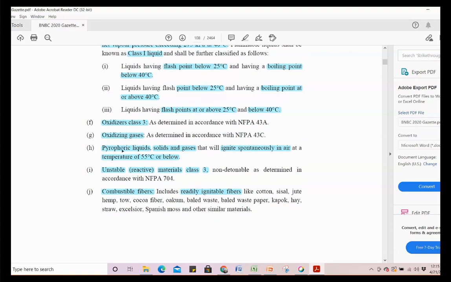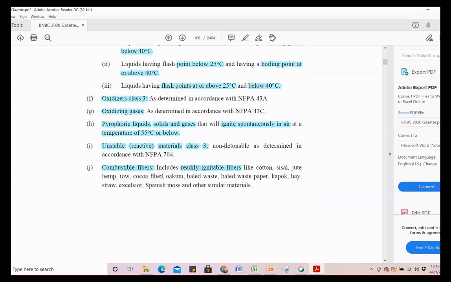Within exempted quantity, it will be part of the main occupancy, but above exempted quantity, it will be classified as J1. Unstable or reactive materials of class 3, non-detonable, as determined in accordance with NFPA 704.